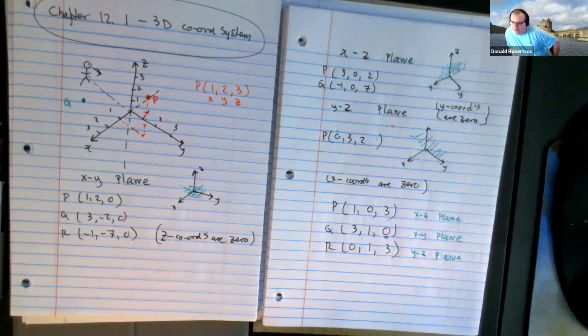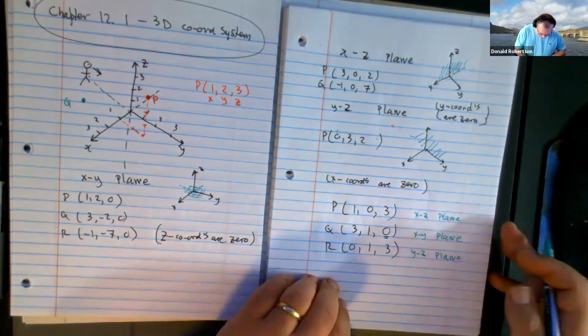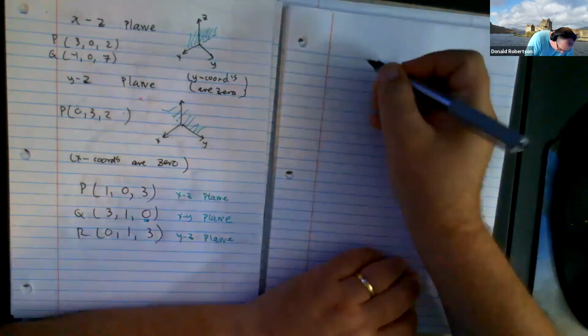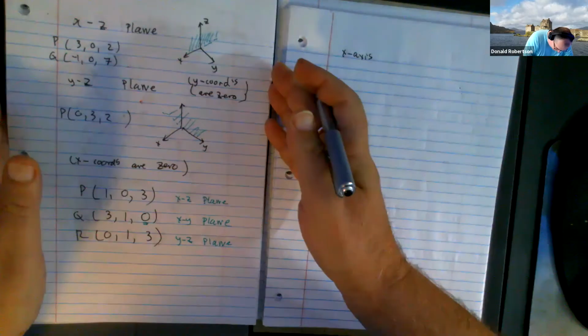Are we good with what an XY plane looks like and how you can tell if one point is on it or not on it? Getting nods on that. Okay, so let's look at the x-axis in 3D world.